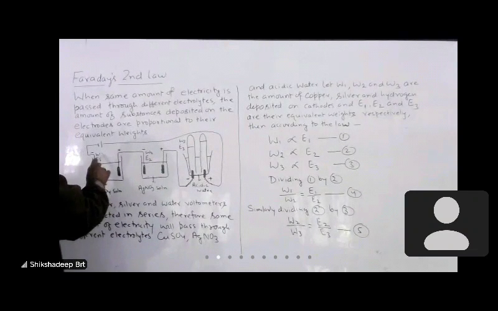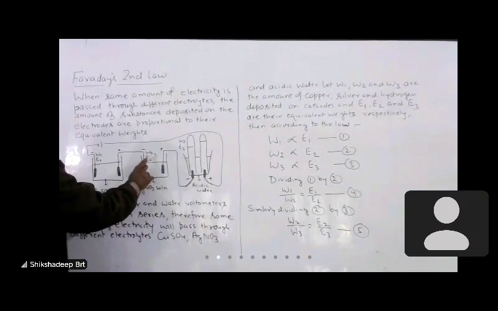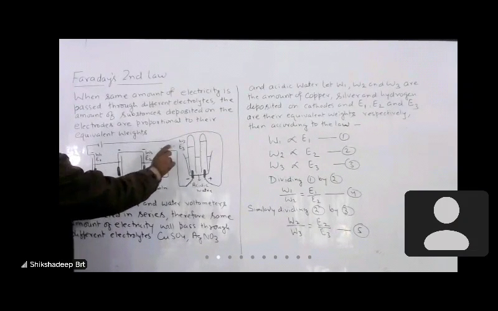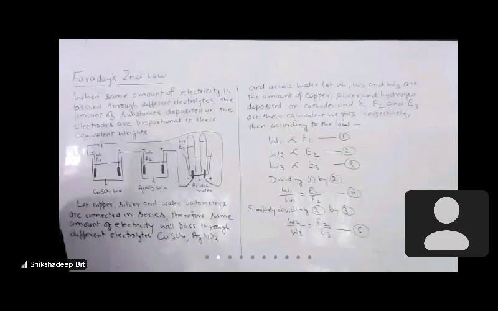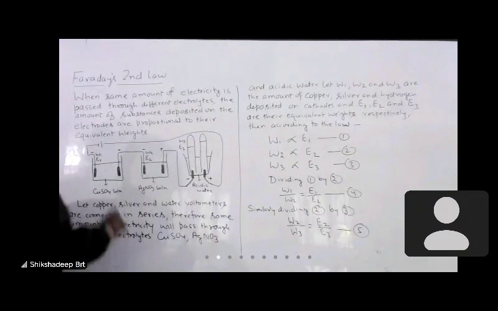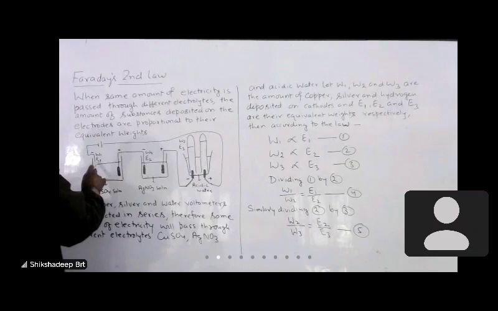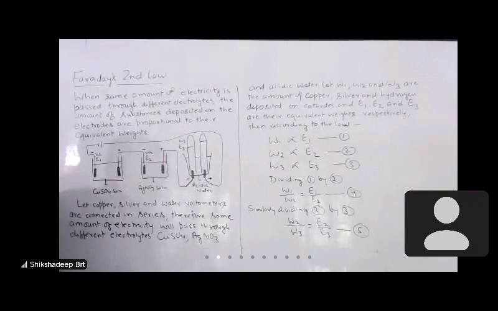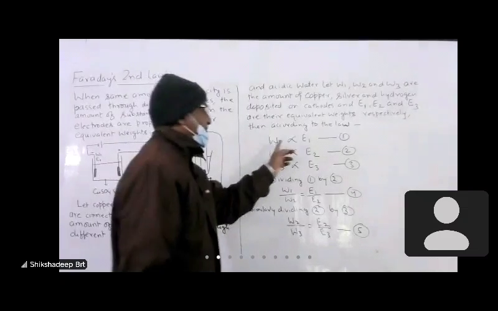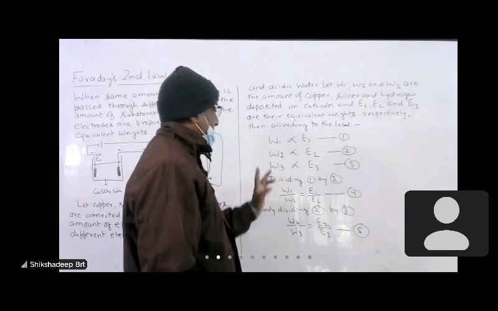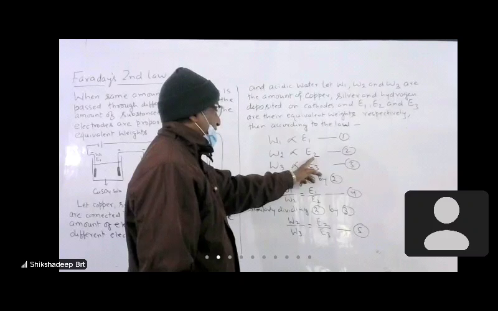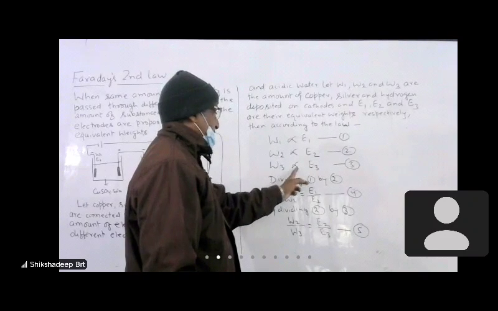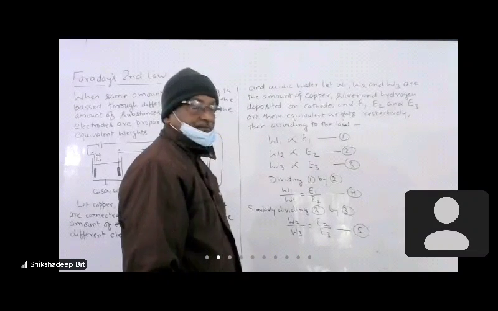Let W1 gram copper be deposited here, W2 gram silver be deposited, W3 gram hydrogen be deposited. If their equivalent weights are E1, E2 and E3, the law says that W1 is proportional to E1, W2 proportional to E2 and W3 proportional to E3.